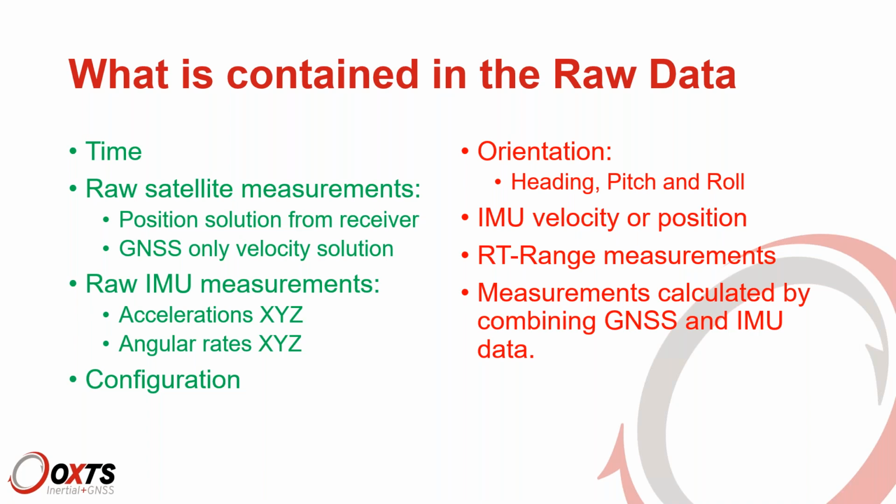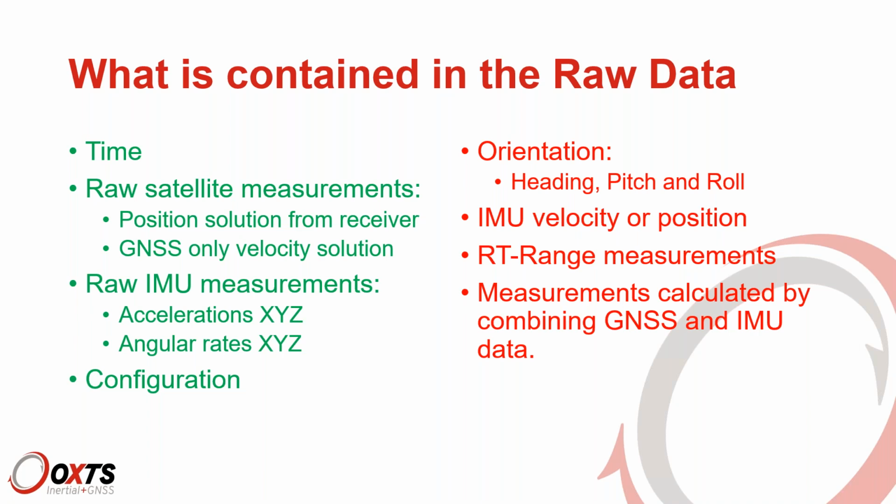So orientation, so when in the raw data, all of the measurements are in the X, Y, Z orientation. So these are the three axes which the sensors are mounted on physically in the IMU. So you don't get any measurements of orientation like your heading, pitch and roll, or measurements in the vehicle frame.